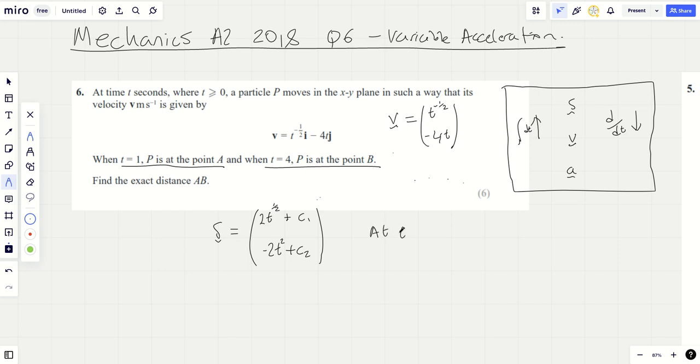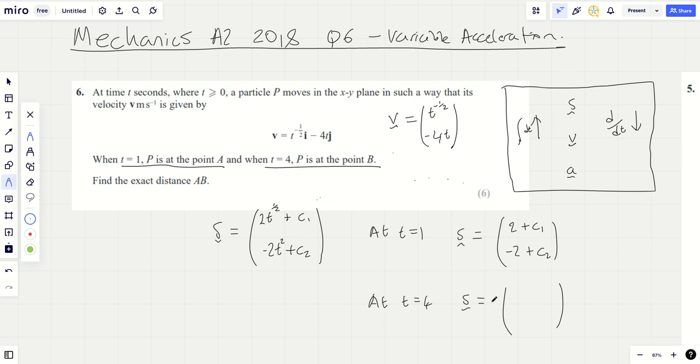At t equals 1, s equals 2 plus c1 and minus 2 plus c2. Okay, so that's where we are at t equals 1. So we can't find the values of c1 and c2 here, but we can now say, at t equals 4, where are we going to be?